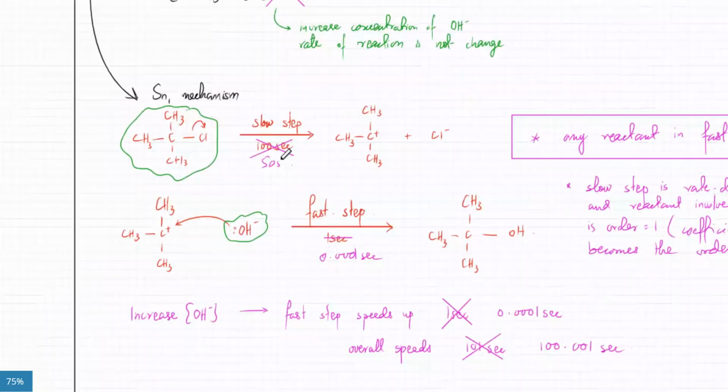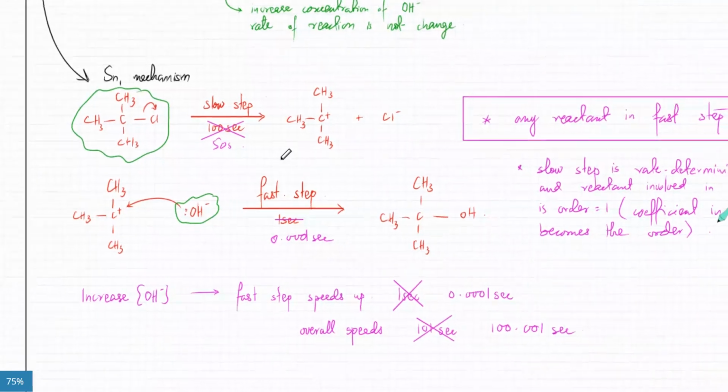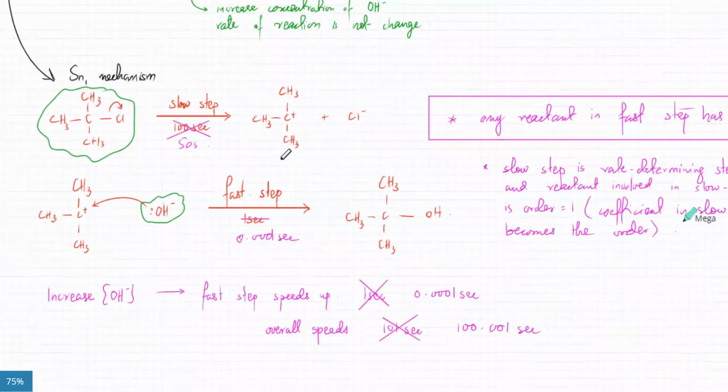And when you have multiple steps, some steps would be fast and some steps would be very slow. So the rate of the reaction depends on the slow step. Like if you're trying to speed up the fast step, the reaction overall is not going to speed up. If this takes 100 seconds, this takes 1 second. Speeding up this step is not going to affect the overall speed of the reaction.